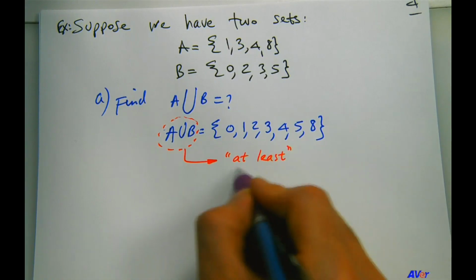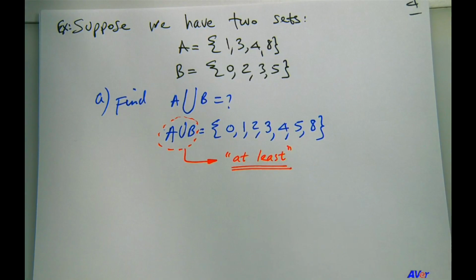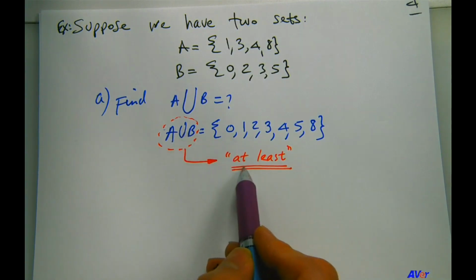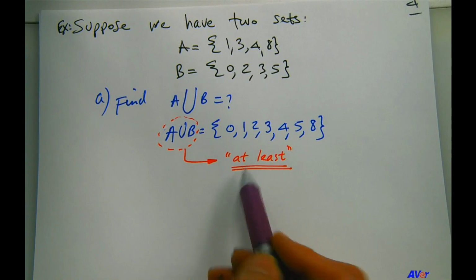So if in a word problem you see that phrase, at least this or at least that, the problem is giving you a clue that they're talking about the union of sets. Okay, so A union B is usually referred to as at least in word problems.